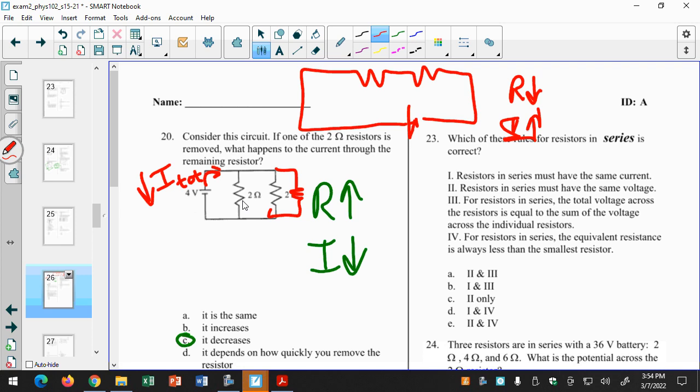But the voltage or current in any individual resistor doesn't change, right? This resistor is independent of this one or this one or this one. Okay? Right. Yes. Okay.